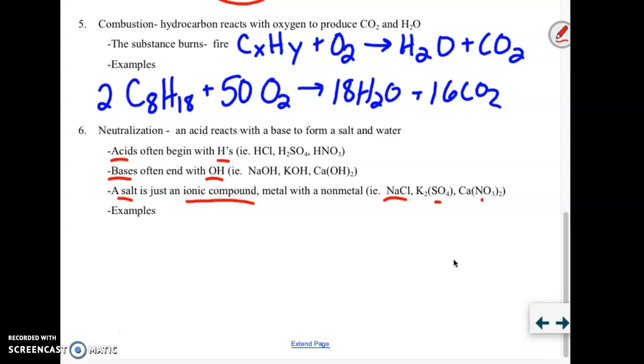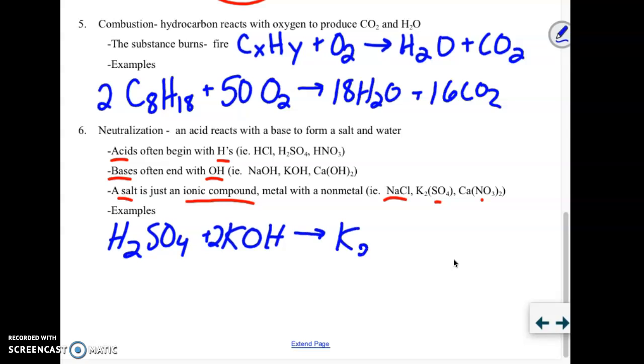So an example I'm going to give you here is sulfuric acid, which is H2SO4, with potassium hydroxide would give you potassium sulfate and water. So yes, it looks like a double displacement reaction because water's with the sulfate, or hydrogen's with the sulfate, excuse me, and now the hydrogen is with the OH, because water could be written as HOH actually, if you didn't know that.